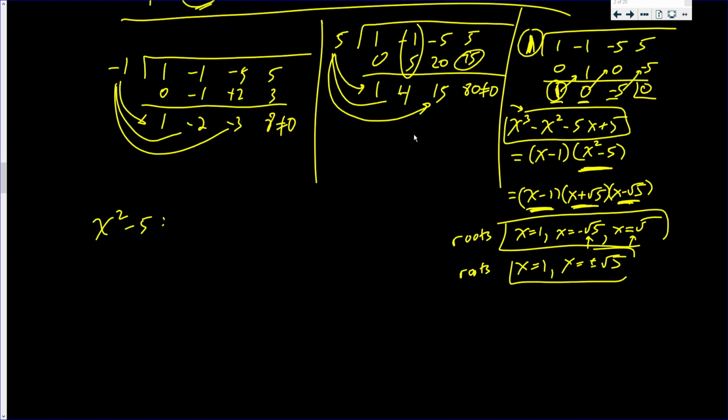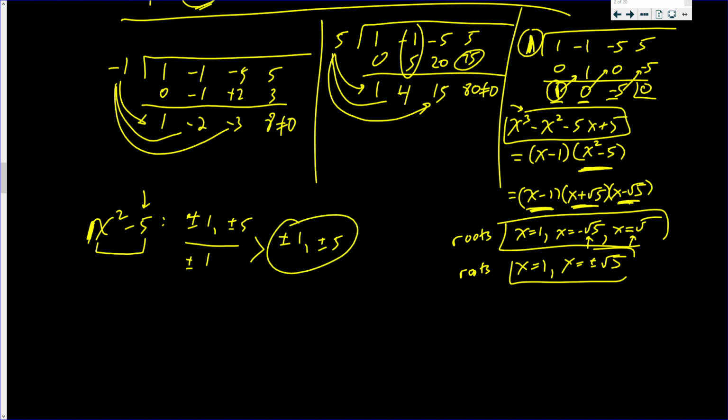What I can do is start all over and find the possible zeros here. The only numbers that go into 5 evenly are plus minus 1 and plus minus 5. The only numbers that go into 1 evenly are plus minus 1. This tells me that the only possible rational zeros are those numbers.